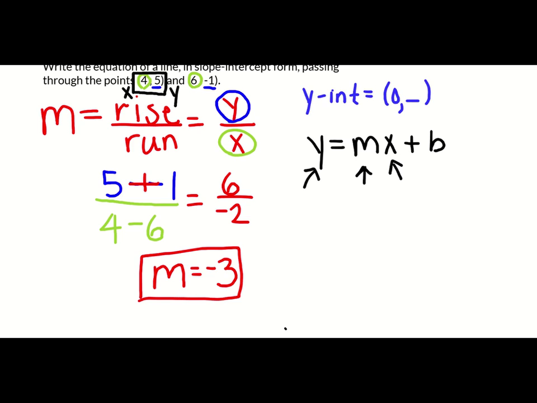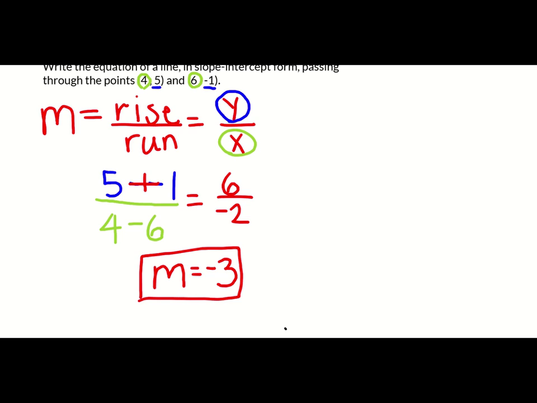So when I do this, I'm going to replace y with 5. I'm going to replace m with -3. And that's going to be multiplied by 4 because that's what's in the x location of the point. I'm putting parentheses because m and x are being multiplied. And I'm going to drop down plus b. And we're going to solve this equation.